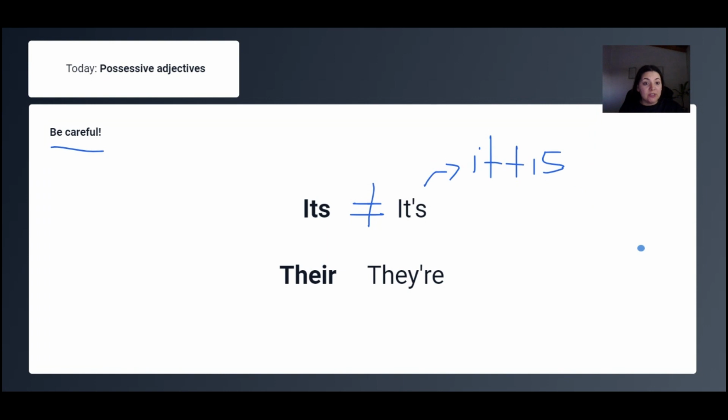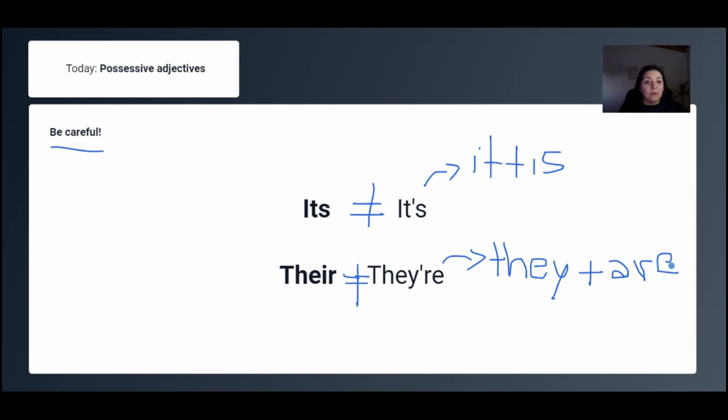Remember that contractions are what we usually use. Okay? And here comes another difference. Their and they're sound very similar, but are not the same thing. Again, these are different because this is a possessive adjective and this is a contraction, the contraction of they plus are.